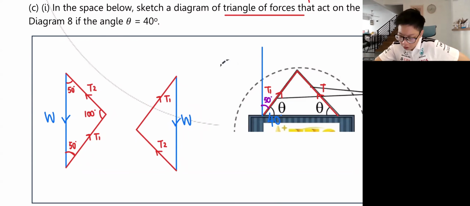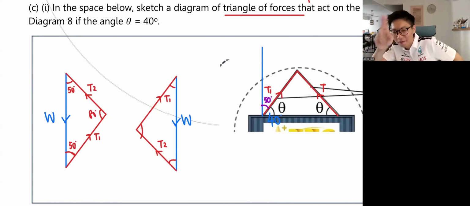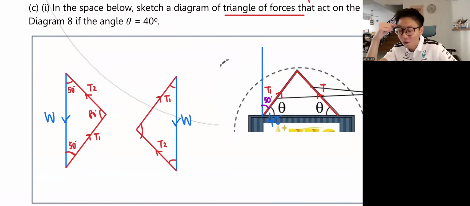Of course, you also have to label the angles. Sorry, 80 degrees, not 100. My trigo is very bad. Because 180 minus 50 minus 50 is 80. I forgot the 180 minus. My brain is a bit slow.